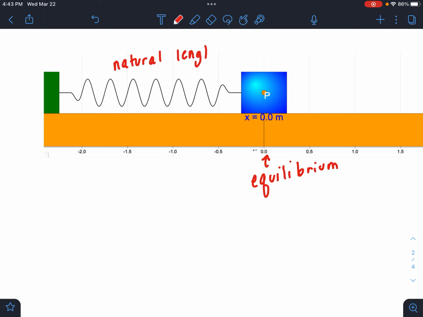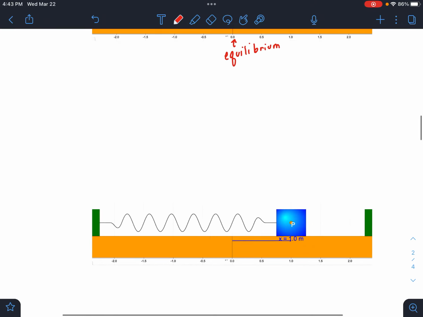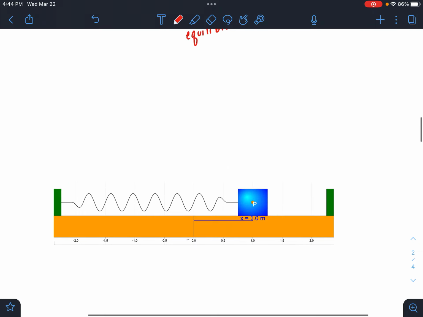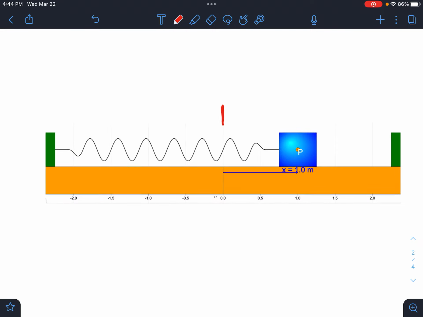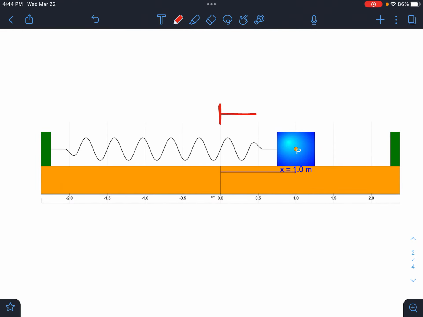But we're not interested in the length of the spring, we're interested in how much it is compressed or how much it stretches. So notice how we're measuring from the equilibrium position. The box has a displacement of 1 meter to the right.